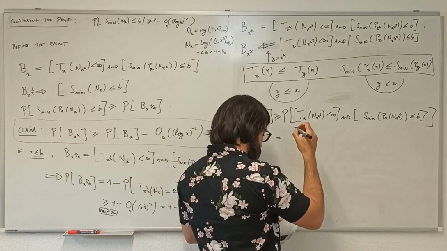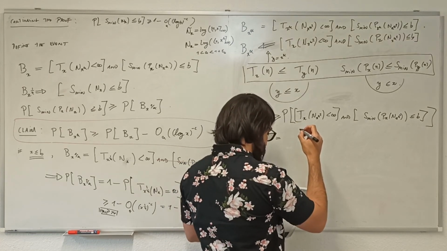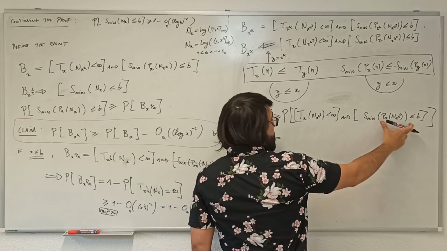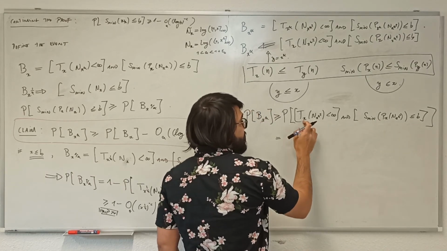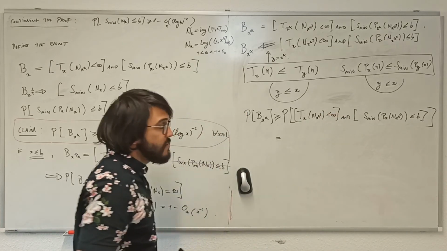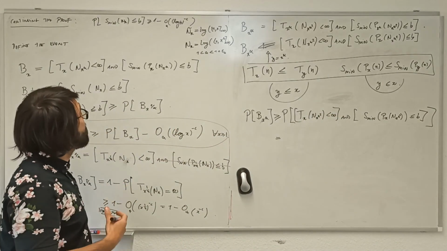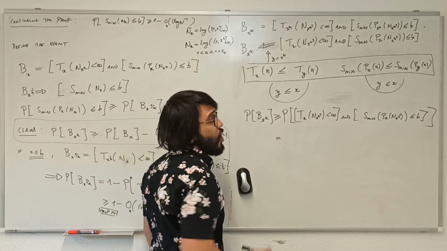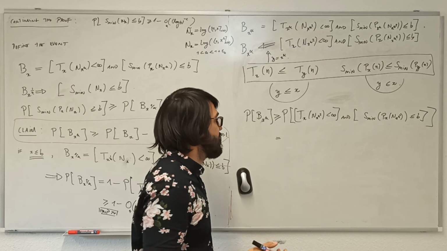Yes, that will be equal to the probability of this minus the probability of tx of nx to the alpha squared equals infinity. But then by the proposition which I raised, this thing is O of x to the minus c.